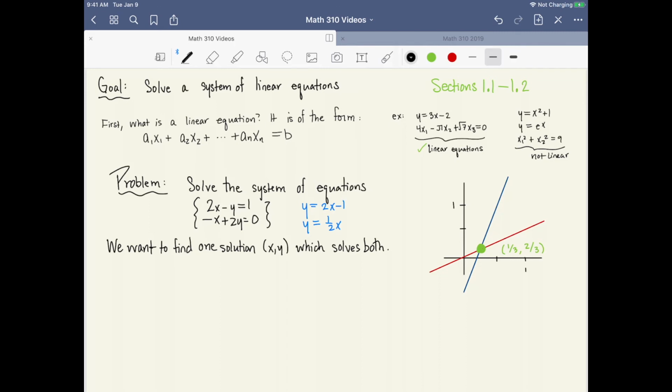So just by using some basic algebra, we can solve it in this case. So here's how you would solve it quickly without doing anything fancy. Take the first equation, 2x minus y equals 1. Take the second equation and multiply the whole thing through by 2. That won't change the equation of the line.